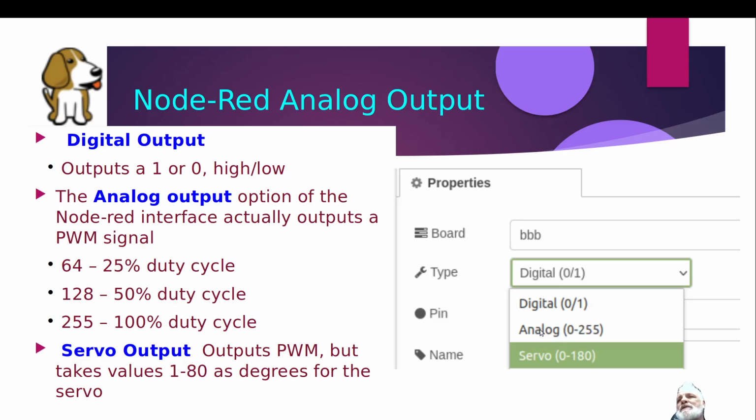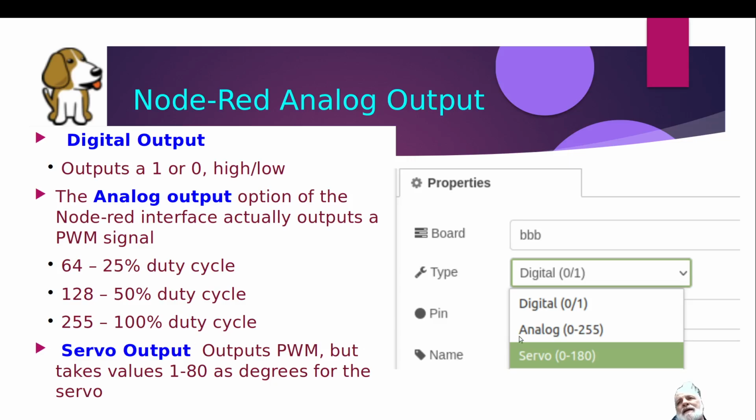If we choose analog, we can put out a value between 0 and 255. That's actually a pulse width modulated signal. It's actually going to be 0 or 3.3 volts, but it's going to be turning on and off based on the value that you put in.